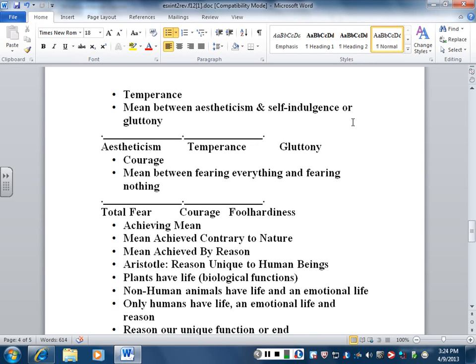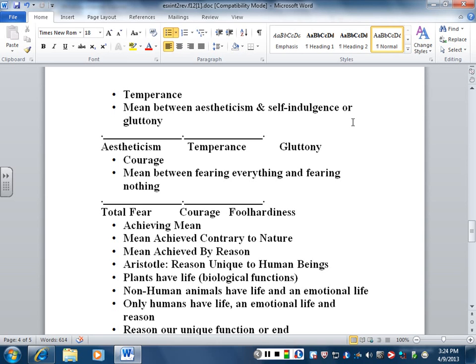Now, how do we achieve the mean? And here's where our reasoning abilities come in. In other words, I may want that second piece of cake, but I'm trying to develop temperance. And so it's my rational part that works against the tendencies of my body to want another piece of cake to develop the virtue of temperance.